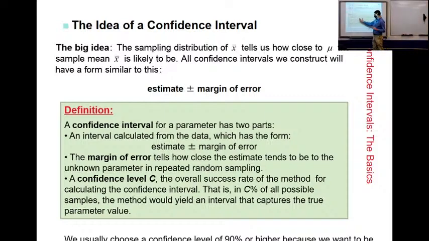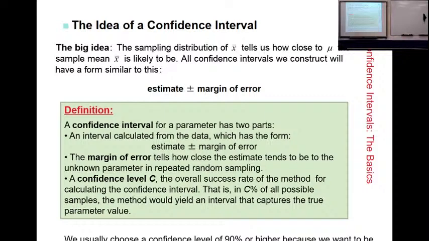We are going to have an estimate, our point estimate, which is what we got from our sample, plus or minus some margin of error, which is going to depend on how far off we're okay with our estimate being and how wide our interval is going to be. And that's going to be determined by our third component, which is the confidence level.